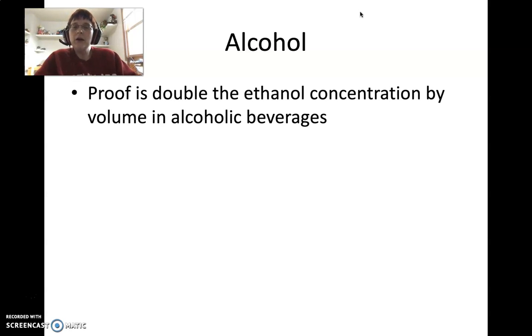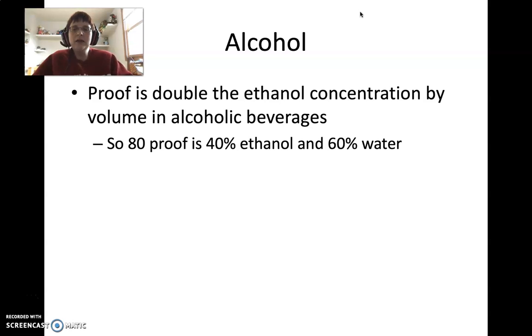A little bit more about alcohol, because a lot of people have always asked what the proof means. If you read alcohol bottles like rum and whiskey, it will say proof with a number. Proof is double the ethanol concentration by volume in alcoholic beverages.